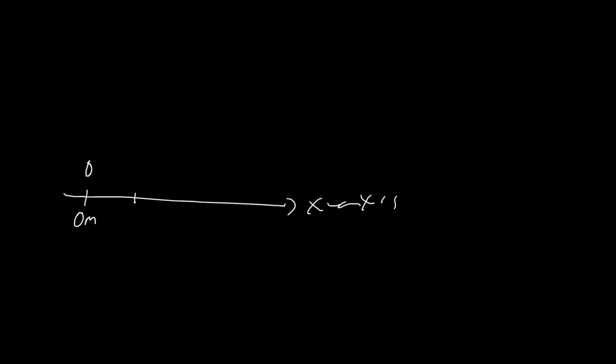Let's say the pencil is 10 meters long, or 10 centimeters. I don't know exactly how long a pencil is. And let's say you walk an extra 10 centimeters, and then you put an extra pencil.